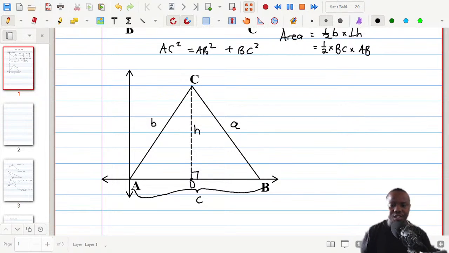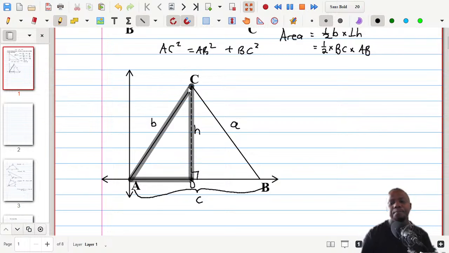We could use these two right angle triangles in order for us to be able to generate something useful. For that, this is what we can do. I can highlight the right angle triangle in my first triangle here. This is a right angle triangle.